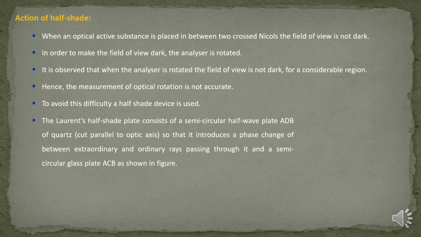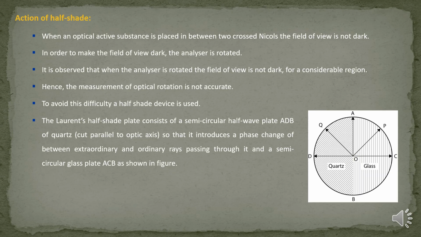Laurent's half-shade plate consists of a semicircular half-wave plate ADB of quartz material cut parallel to the optic axis, so that it introduces a phase change between the extraordinary and ordinary rays passing through it, and a semicircular glass plate ACB as shown in the figure.